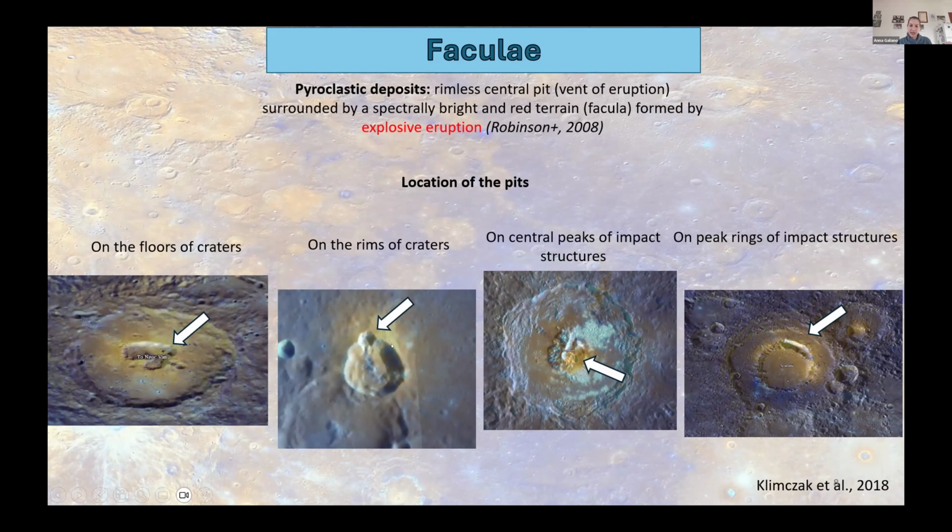This is a pit that lies on the rim of the crater, but they can also be found on the central peak of an impact crater, such as in the case of Chagaraia. This pit is the vent of the explosion, and they can also be found on the peak ring of an impact structure. This region is the pit of an explosive eruption.